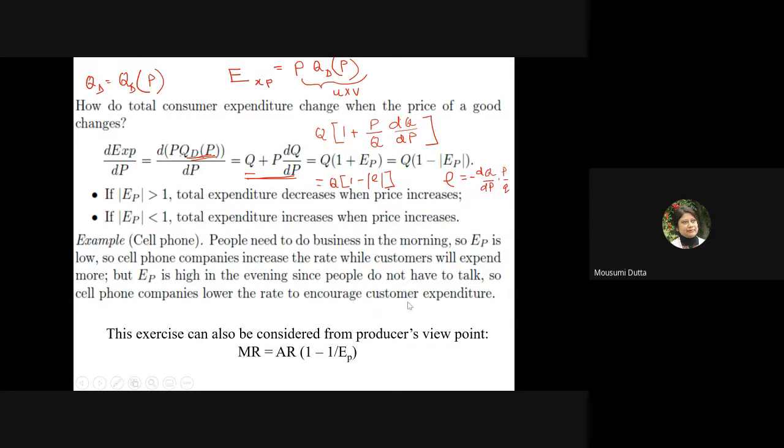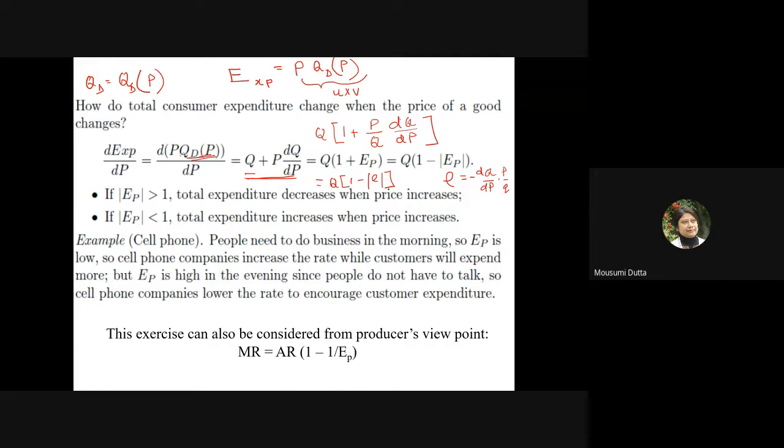Okay, so many times this happens. We call it peak load pricing. In peak hours, the charge or price will be something, and during the time when demand is not that much, I can reduce the unit price so that people get some incentive to buy that particular service or commodity more.